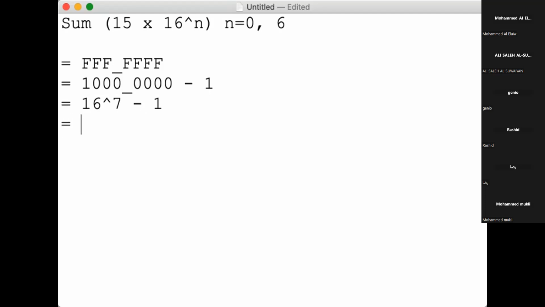The question wants it in a power of 2 format, and you know that 16 is 2 to the 4, and then the whole thing to the 7, minus 1. So 4 times 7 is 28, giving 2 to the 28 minus 1. This is why we get 28 as an answer here. Got it?